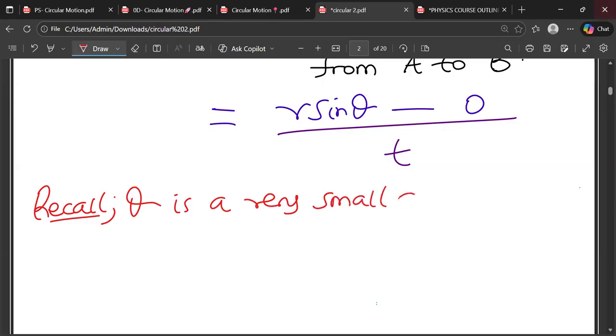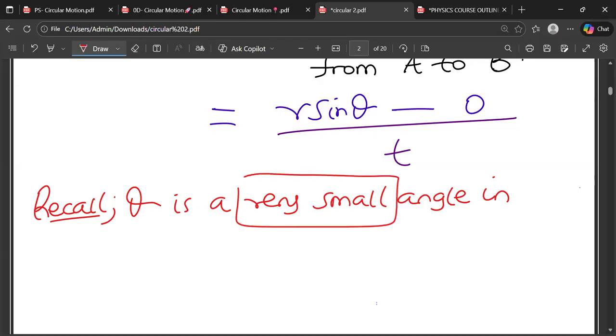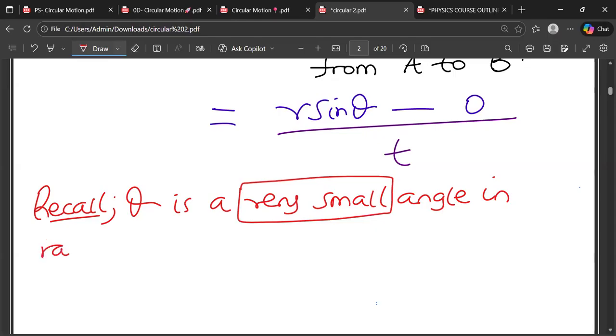Someone may ask, how did you know that it is a small angle when we don't even know? The mere fact that physics tells us to have theta in radians means it is a very small angle, which for you to measure in degrees would be very small.